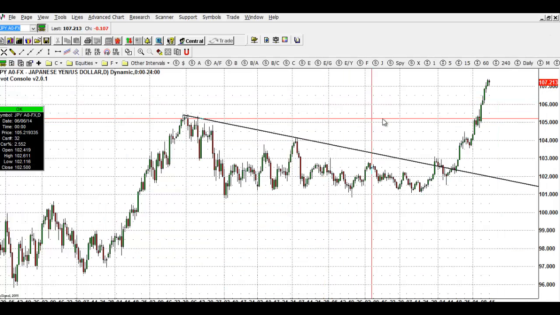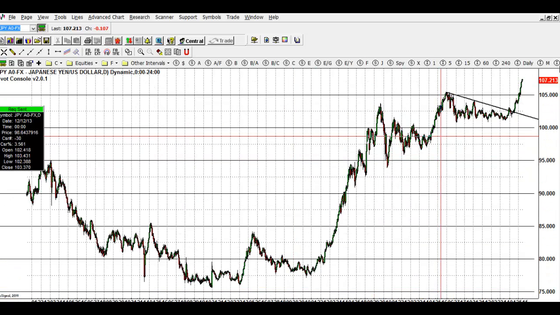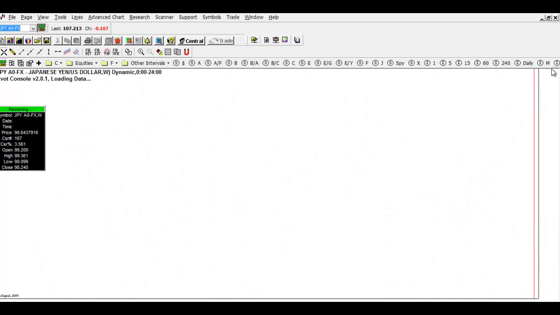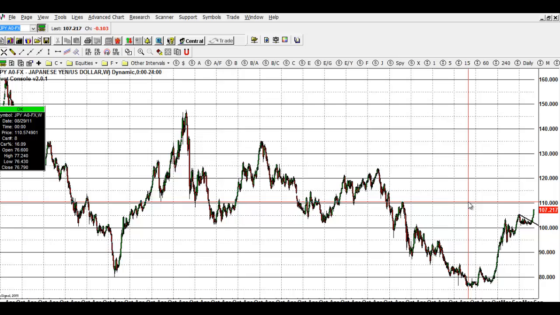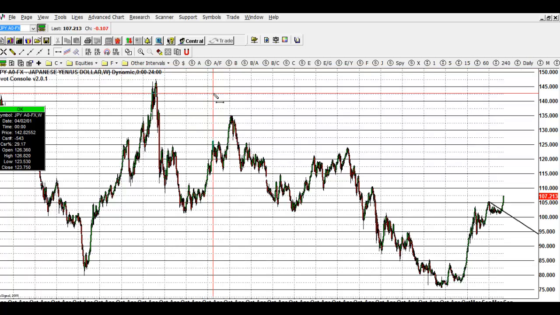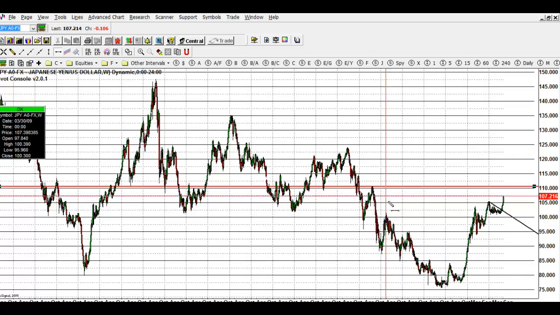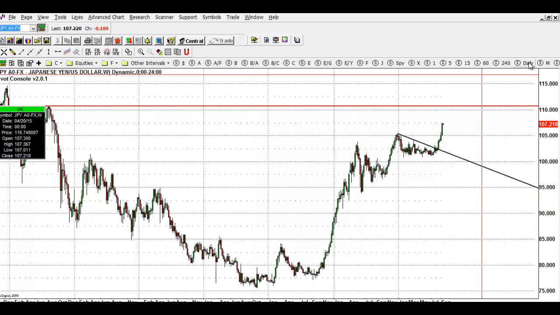The next major area of resistance for the yen, we have to bring up a weekly chart. And the next major area of resistance is up at 110. So we could see this market rally to the 110 region, which will be roughly 300 pips north of here.